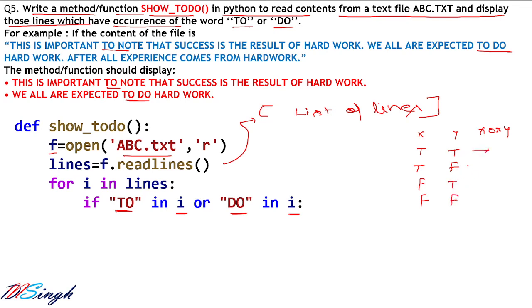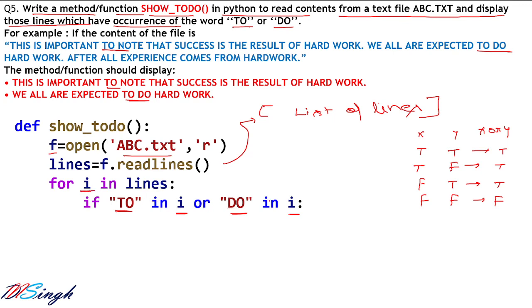For all these three cases, what is the output? True. So if any one of the inputs to the or operator is true, then the output is true. Otherwise, if both are false, it is false. But if the condition is satisfied, what do you need to do? You need to just display the line. Where do you have the line?